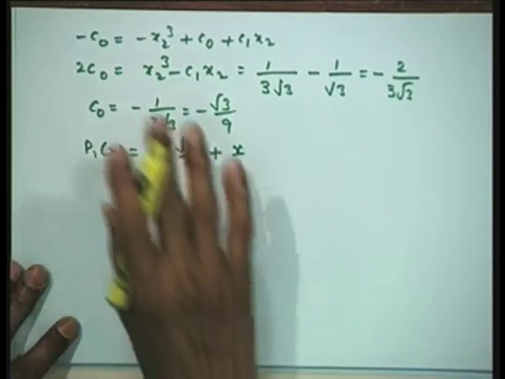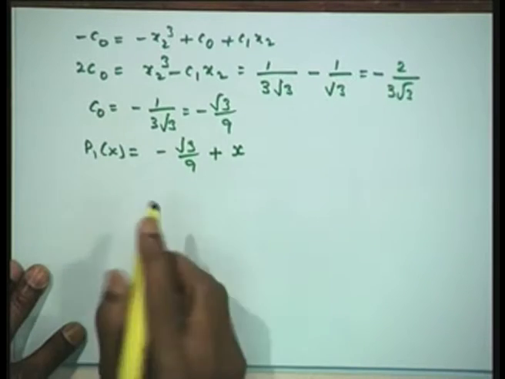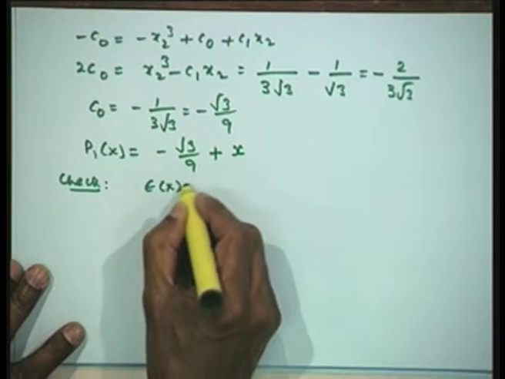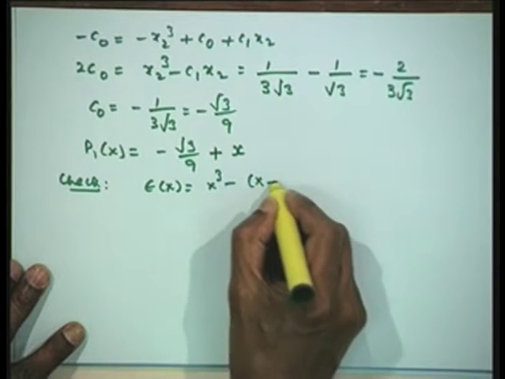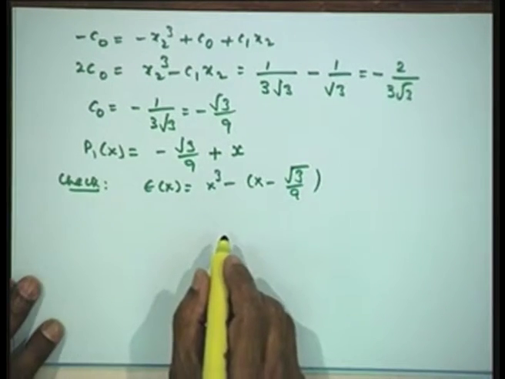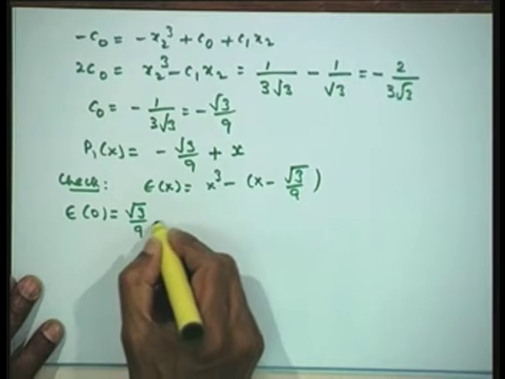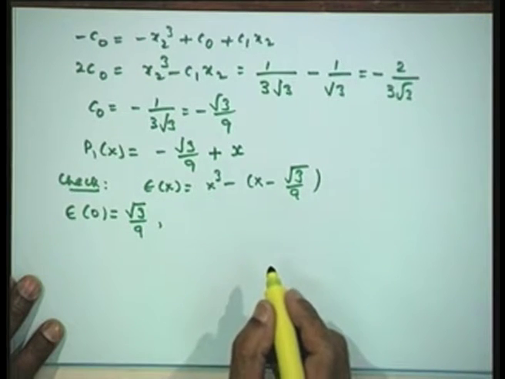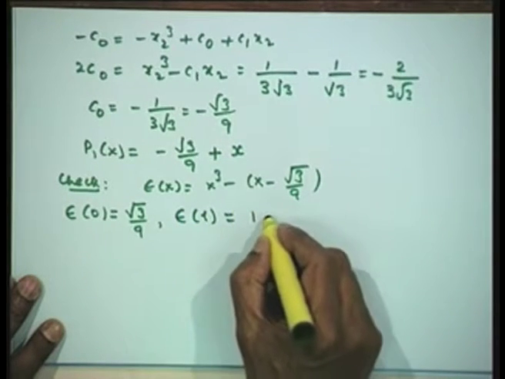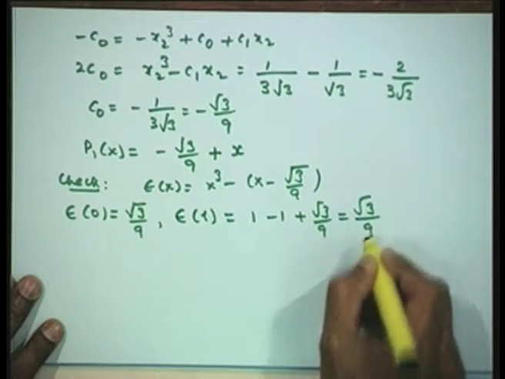Now, let us just see whether what we started with, the uniform approximation, is really satisfied by this. Let us call it a check. So, our error is x cubed minus x minus root 3 by 9, that is C naught plus C 1 x, which we have substituted. Let us get the error at 0: error at 0 is root 3 by 9, substituting x is 0. Now, let us go to the last point, epsilon at 1, that is 1 minus 1 plus root 3 by 9, that is equal to root 3 by 9.